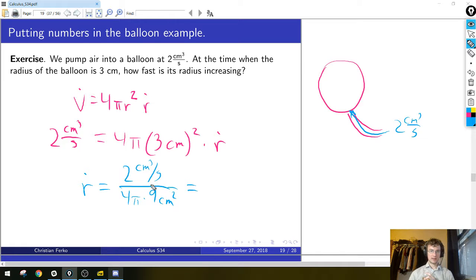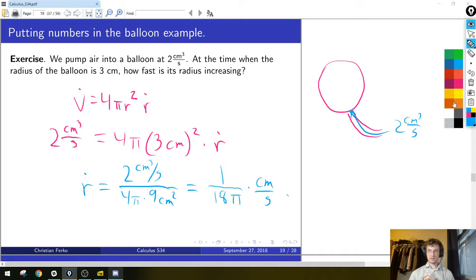And now let's simplify. We cancel centimeters cubed with centimeters squared, which leaves one factor of centimeters upstairs. Cancel a 2 with a 4 to leave a 2 downstairs. And I think this gives us 1 over, let's see, 2 times 9 is 18 times pi is 18 pi. So that's the numerical part. The unit part is centimeters per second.